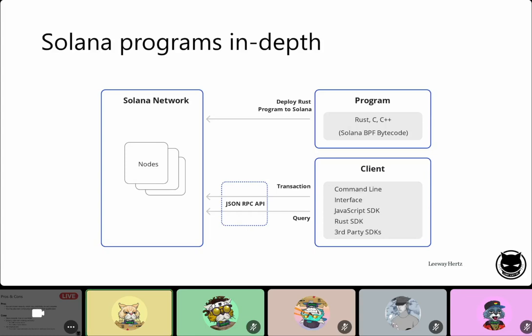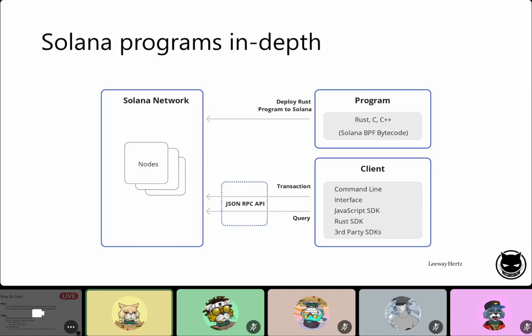There are various different services that act as portals or gateways to the Solana network. These are what we call RPC, which is remote procedure call endpoints. Think of it as an on-ramp into the Solana network. So you go to a website, you connect your wallet, and then your browser makes a call to one of these on-ramps.